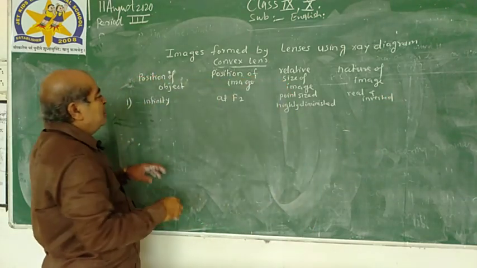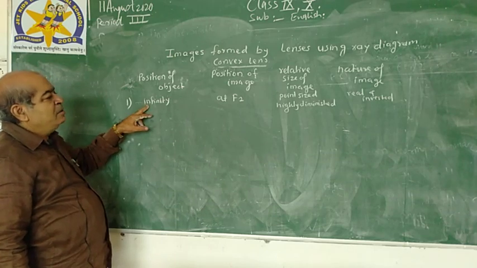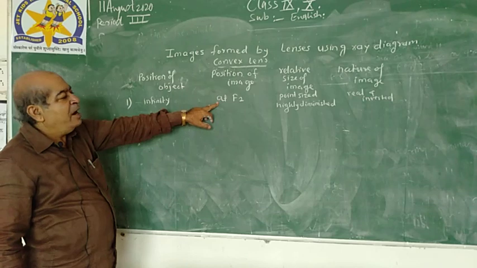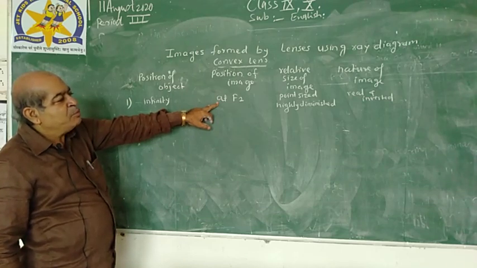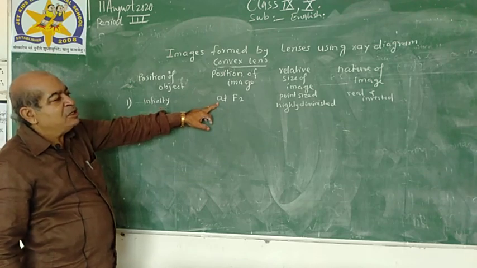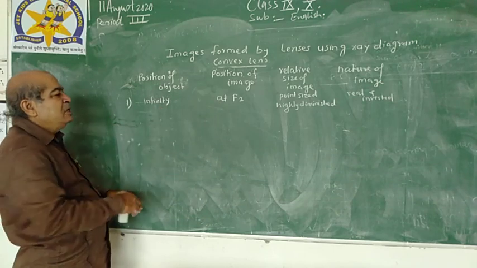So this is the first case: when the object is at infinity, position of the image is at F2, relative size of image is point sized, highly diminished, and the nature of the image is real and inverted.